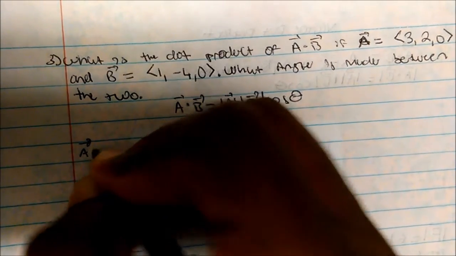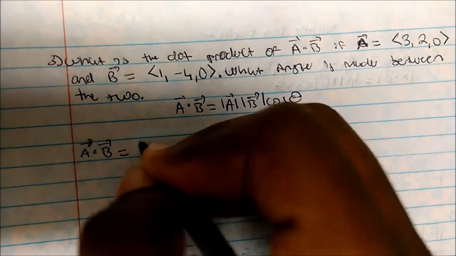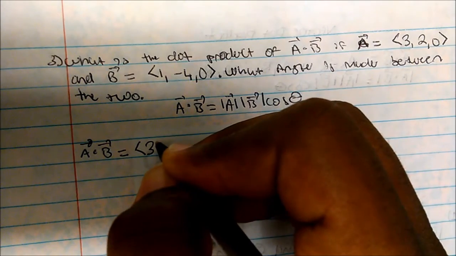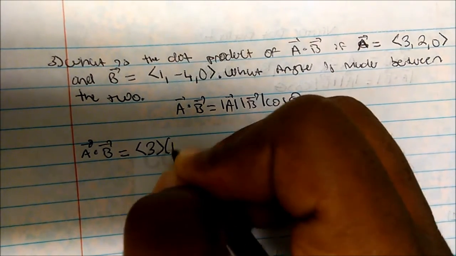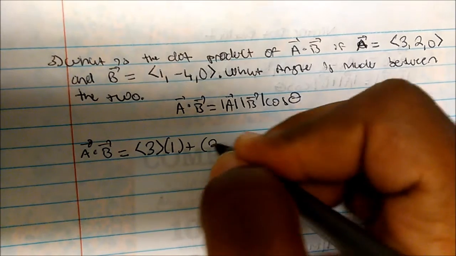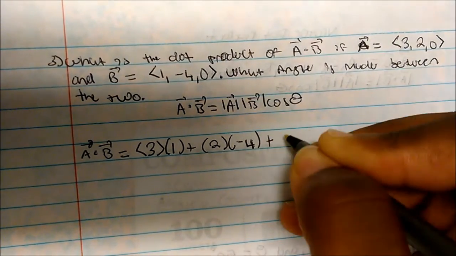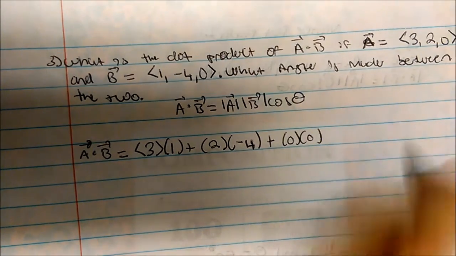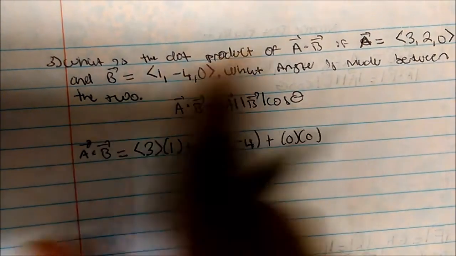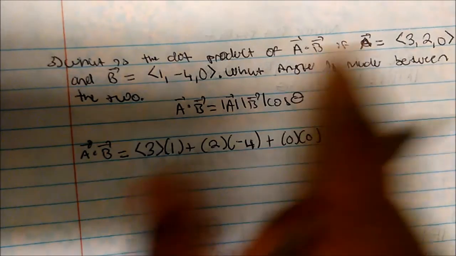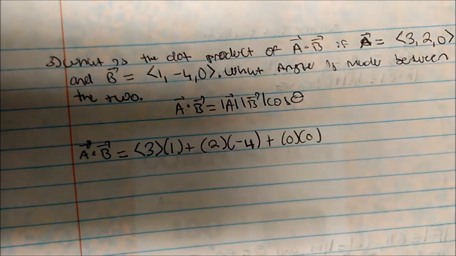Well, A dotted into B is simply equal to 3 times 1 plus 2 times negative 4 plus 0 times 0. AX times BX, AY times BY, AZ times BZ.